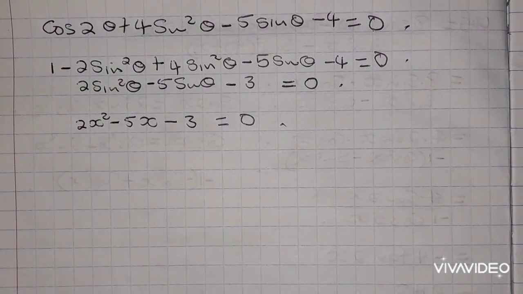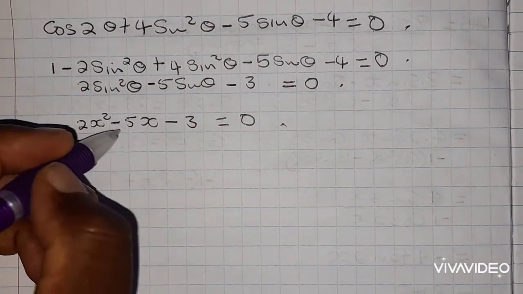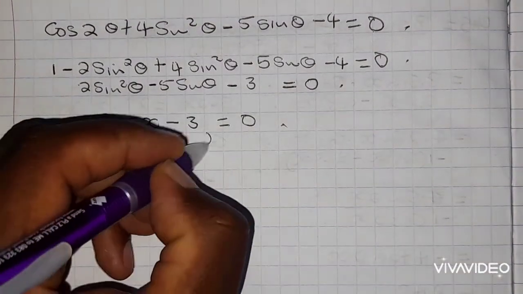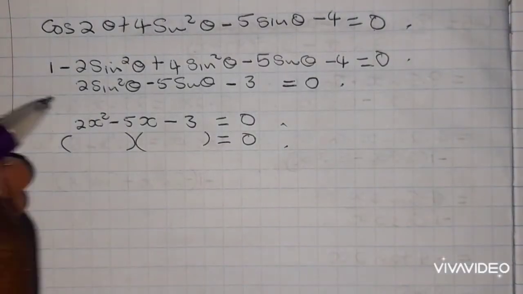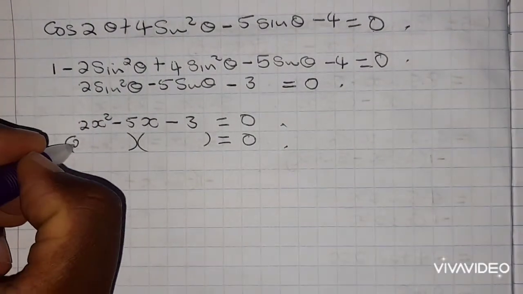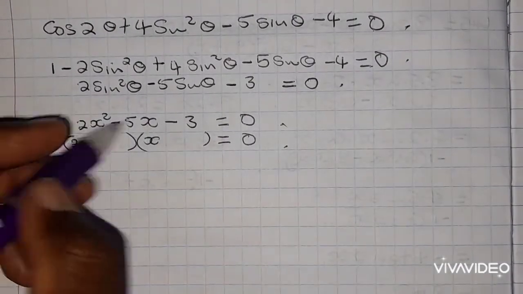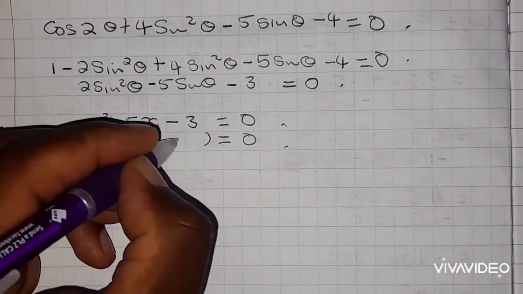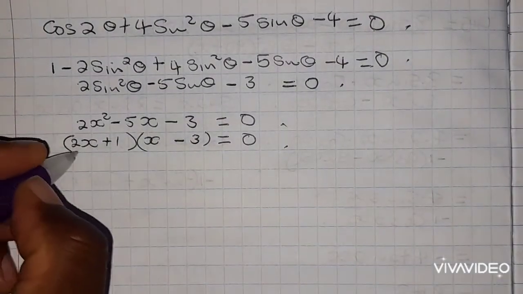Now we need to factorize this quadratic equation. We can factorize it, create our 2 brackets is equal to 0. So this is going to be 2x, and this is x plus 1 minus 3.